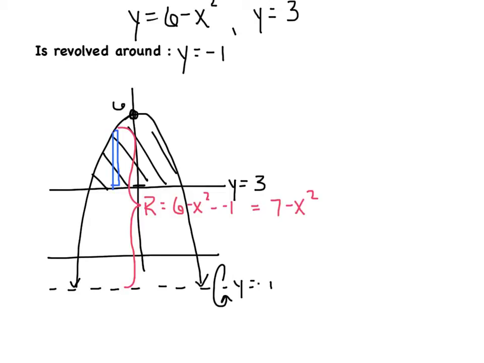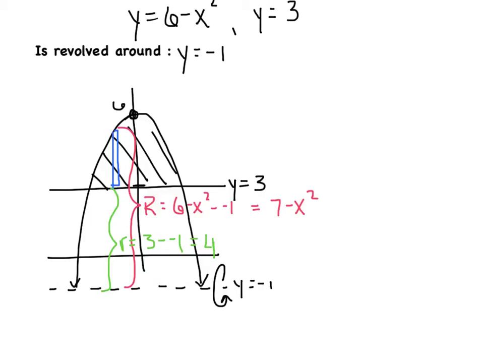The length of my inner radius, because we got to take out that gap, we got to subtract the gap, is going to be upper, which is 3, minus the lower function. So I got a 4. And at first I'm like, really, just 4? But it does make sense that no matter where I draw that slice, whether I put the slice here, here, here, or here, the distance from this line, which would be the lower edge, to this line right here will always be 4 units long.